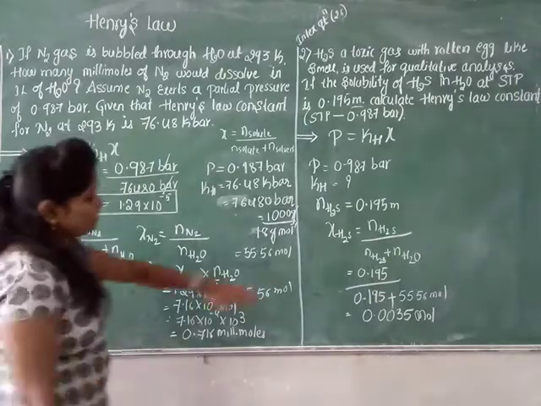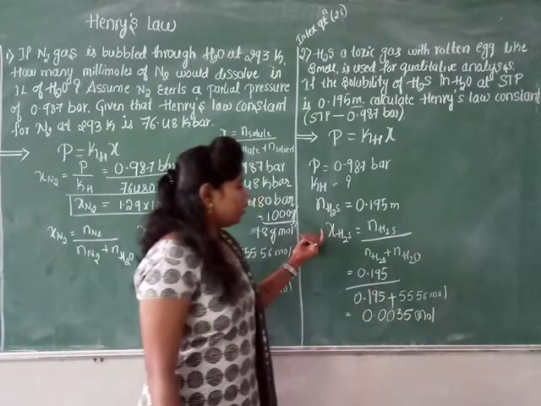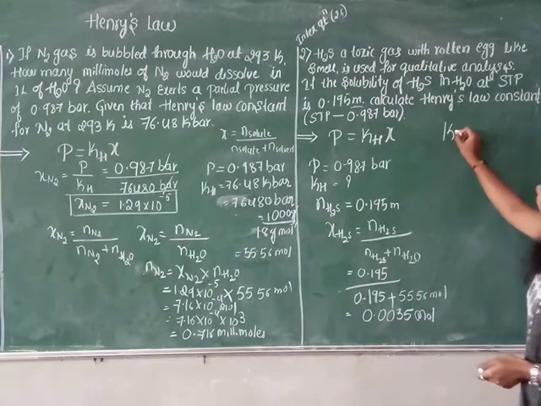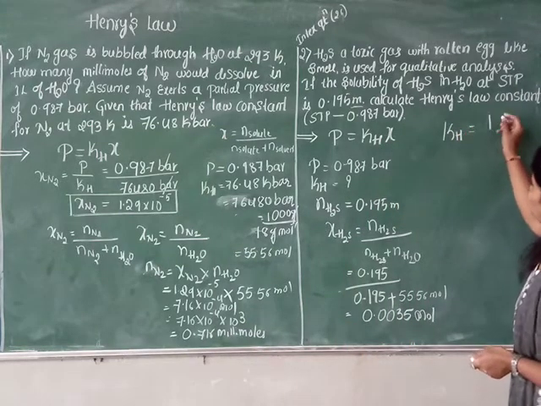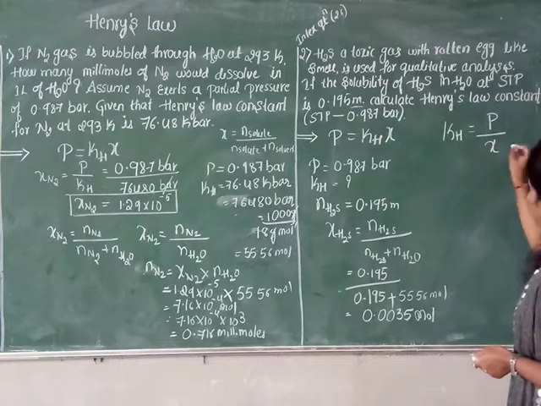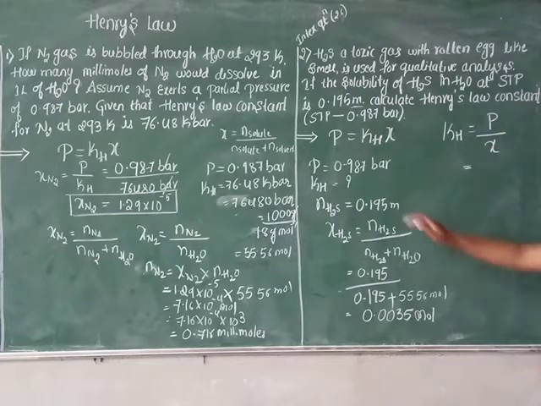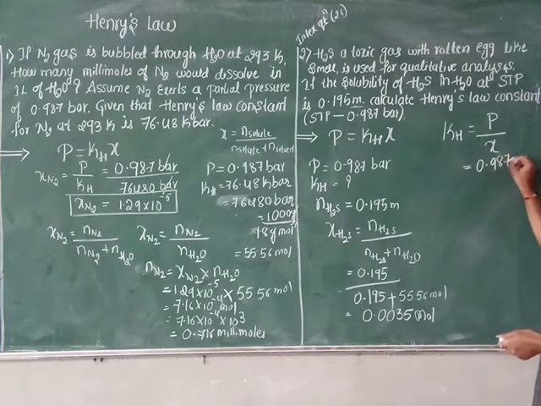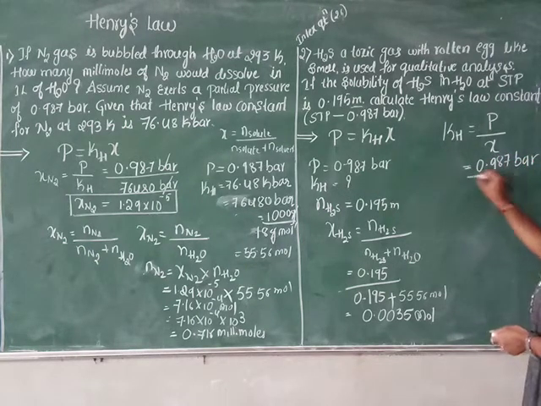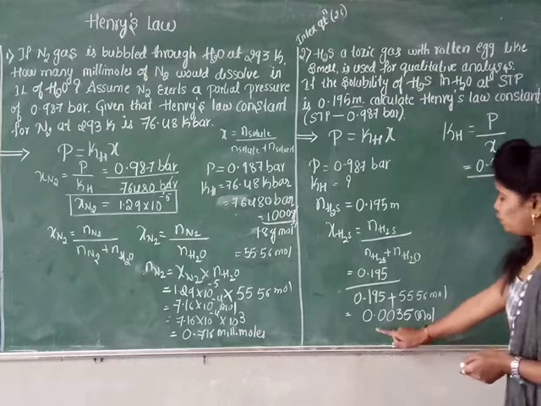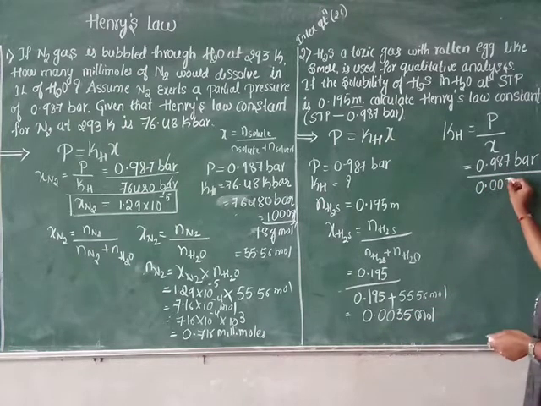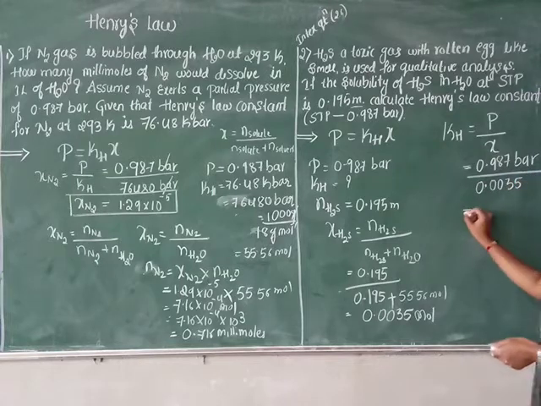Now, by using this value, you can calculate the kH. Therefore, kH is equal to P divided by X. The partial pressure is 0.987 bar divided by the mole fraction of H2S gas, 0.0035.